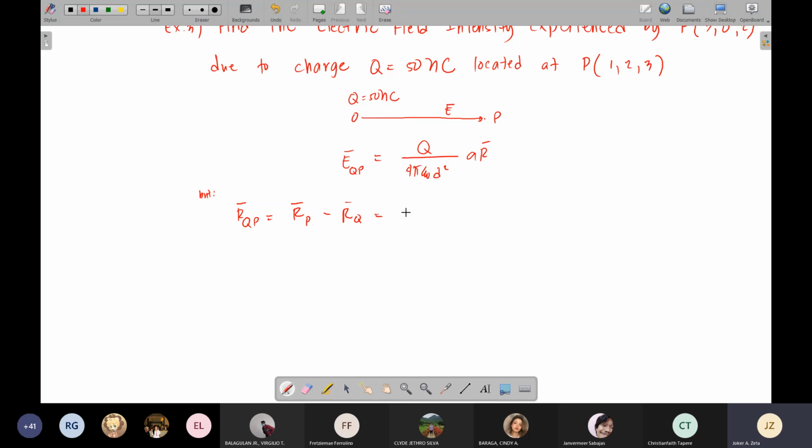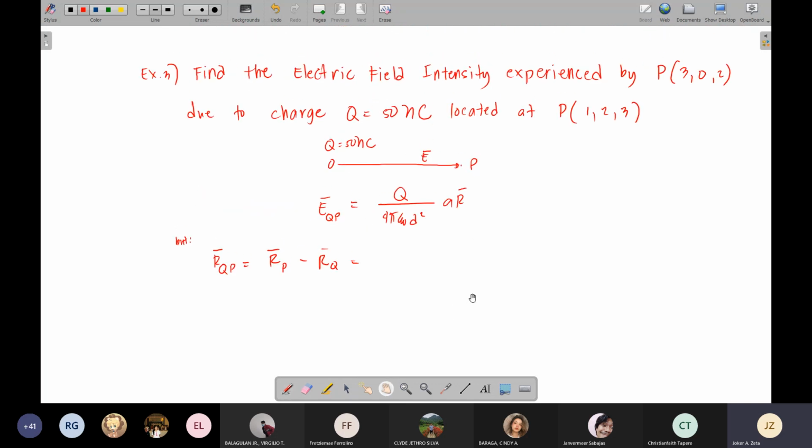Ang vector sa point is 302. Para usa ra ka P. So which is, ang vector sa point is 302.